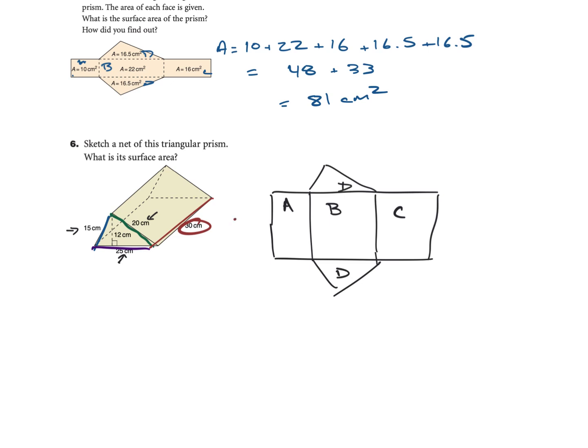Alright, so I've got my 30 centimeters as this measurement all the way down, and then I'm going to go, this is my 15 centimeters here, 15 centimeters, and then I've got 20 centimeters here, and it's the same on the other side, and then I'm left with 25 centimeters as the base.